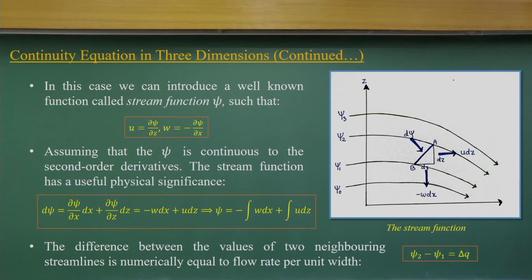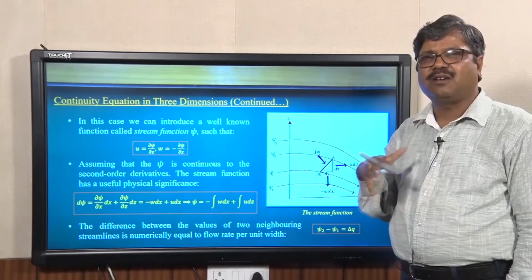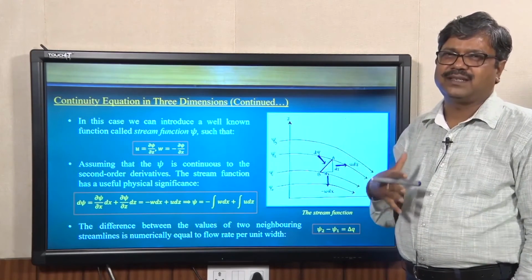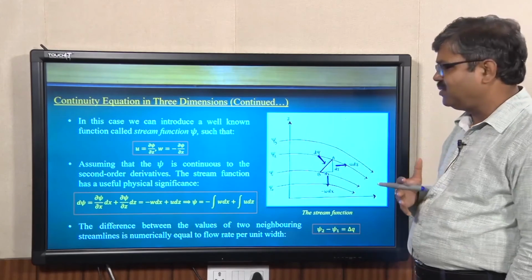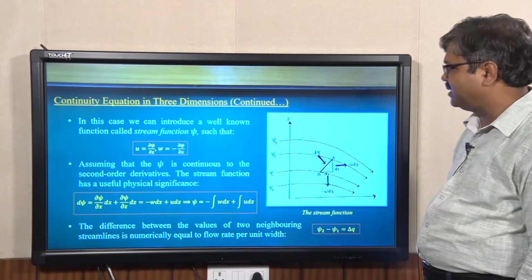But often we use stream functions, okay. When you look at the river from the top, you can see the plan forms of the rivers, and if you can draw the streamlines, you can solve these problems. That is the reason I am introducing the streamlines, which are very basic in fluid mechanics.